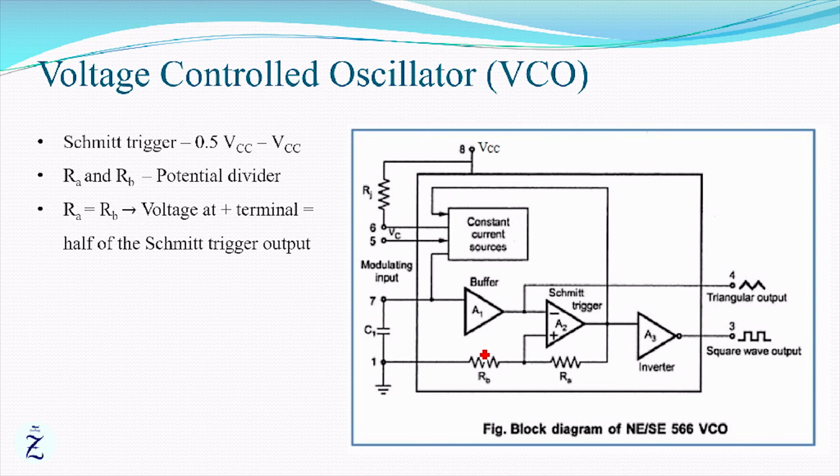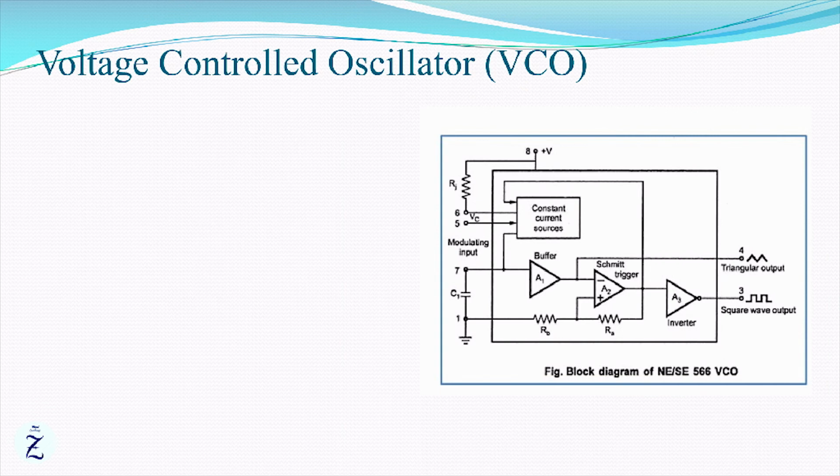Therefore, the voltage at the non-inverting terminal of the Schmitt trigger becomes half of the output at this point. As I said earlier, the output of the Schmitt trigger swings between VCC and 0.5 VCC, hence the voltage at the non-inverting terminal will swing between 0.5 VCC and 0.25 VCC.